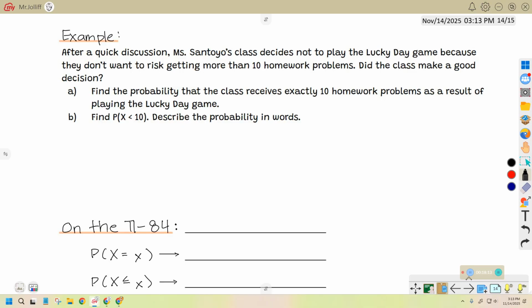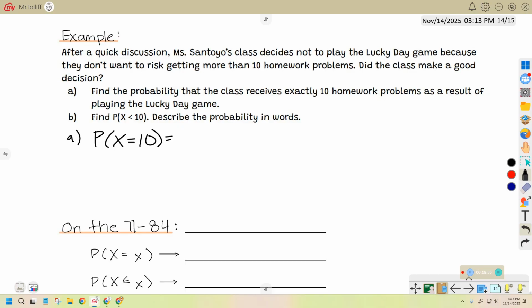First one says, find the probability that the class receives exactly 10 homework problems. Meaning we guessed correctly on the 10th trial. Raise your hand if you can tell me what that looks like. I'm going to give Drew a chance because you got the formula correct.